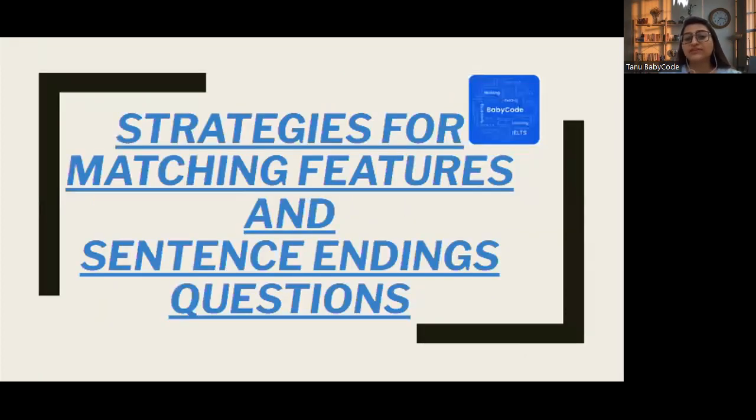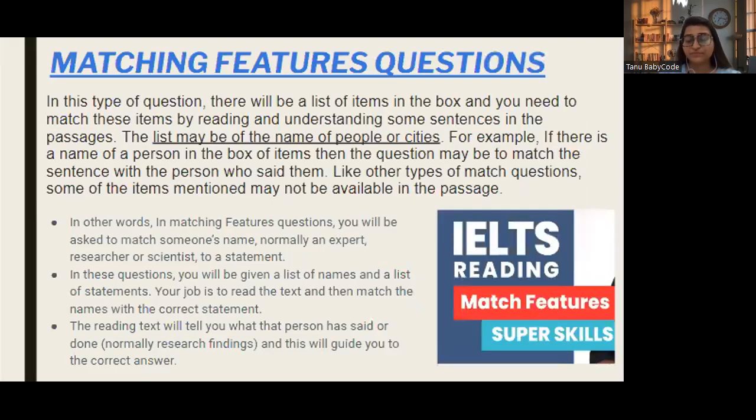Moving forward, now let's talk about strategies, first for matching features and then for the sentence ending questions. What are matching features? How are you going to tackle these questions? Matching features are those questions where you will get a list of names of people. It can be any kind of scientist, researcher, or expert.